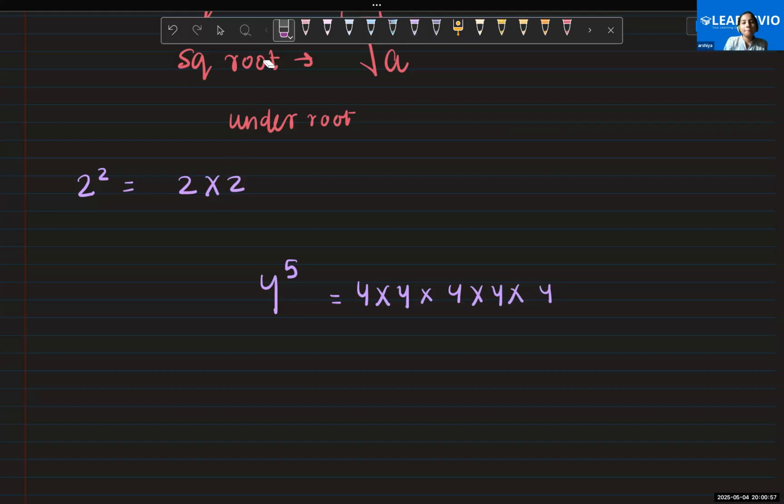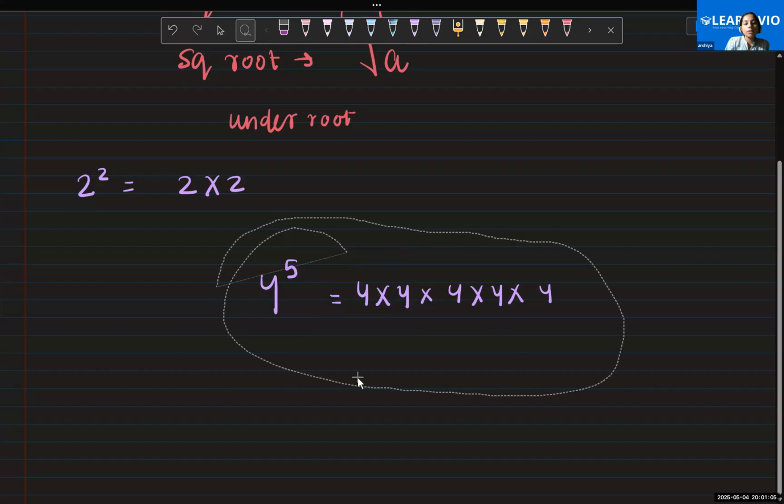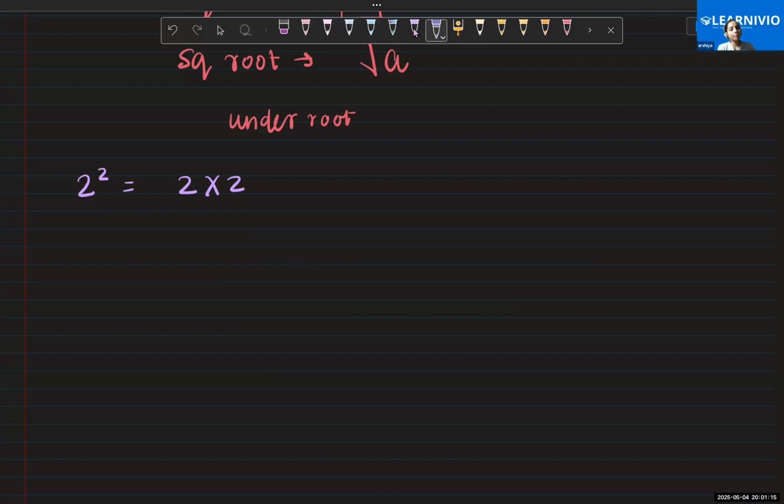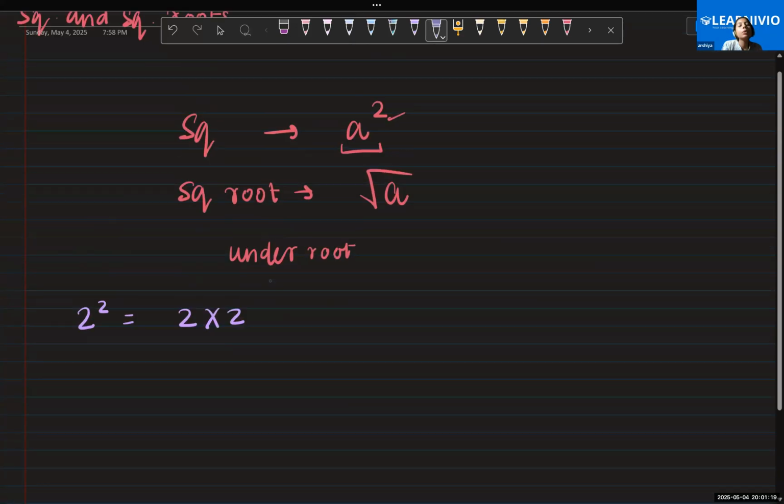Yes, ma'am. For finding a root of a number, it's just trial and error, right? There's no specific way of finding it. We just have to multiply numbers and see. Okay.